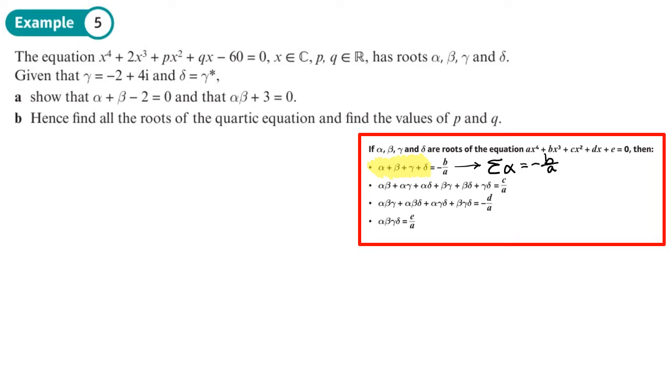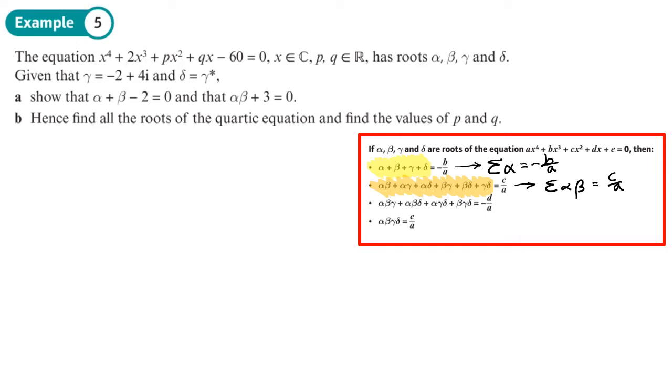It's more useful when you get to the second and third one. So when we get to this one here, rather than writing all of those equal c over a, we can write that the sum of alpha beta equals c over a. That basically means the sum of all of those pairs.